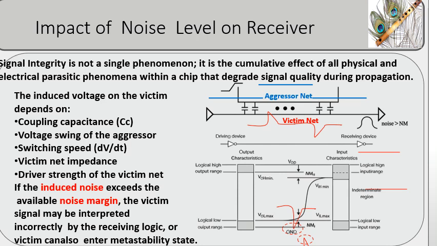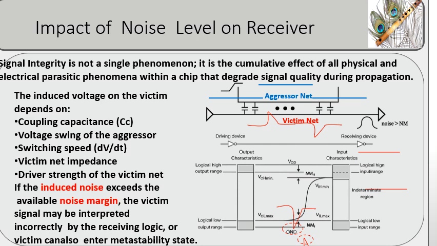Not every crosstalk-induced noise pulse results in a functional error; its impact depends on the receiver's available noise margin. The magnitude of the induced voltage is influenced by factors such as coupling capacitance, aggressor voltage swing, switching speed, victim impedance, and driver strength. If the induced noise remains below the receiver's threshold, the signal is correctly interpreted and normal operation continues.